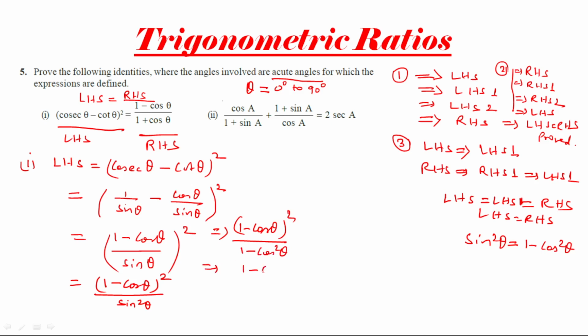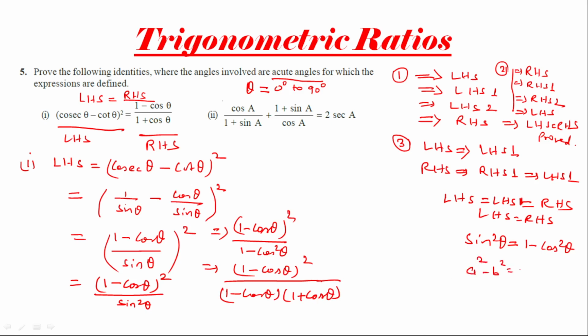Further, we can write this as (1 minus cos theta) whole square divided by (1 minus cos theta) and (1 plus cos theta). Why are we writing this? Because we know that a square minus b square is equal to a minus b into a plus b. So 1 can be written as 1 square, and cos square theta can be written as (cos theta) square, and it gives us (1 minus cos theta) and (1 plus cos theta).